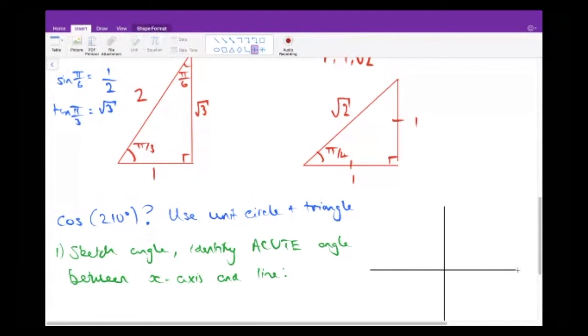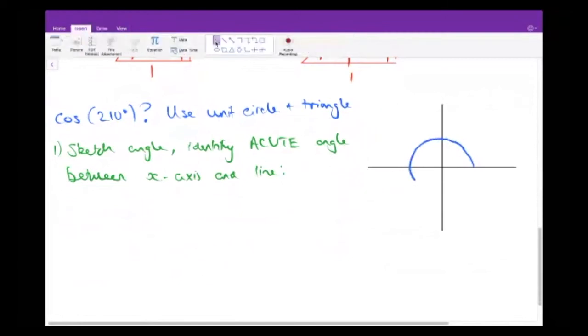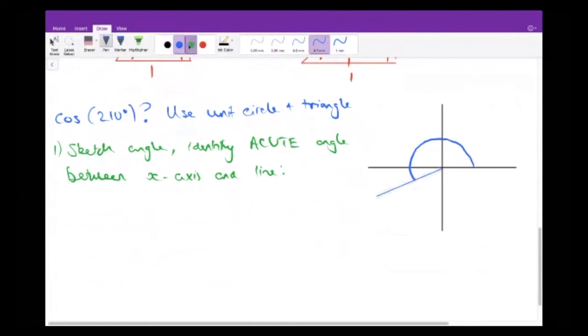So 210 degrees, well, it's positive, so I know that I go around anti-clockwise. This is 90, this is 180, so that's about 210. I draw my line now, connecting it. And importantly, I label the acute angle between the x-axis and the line. So that's this angle here. Okay, so this is the angle that I care about.